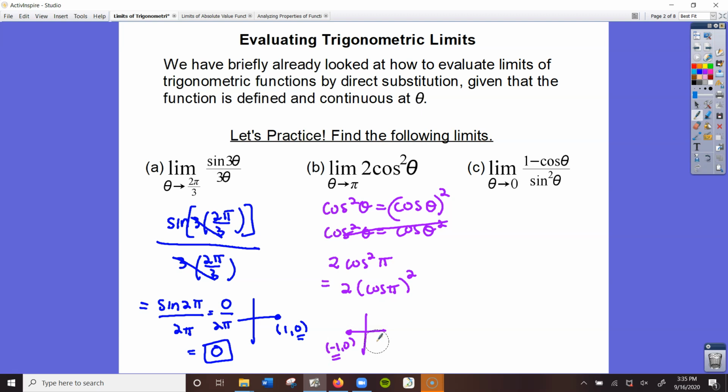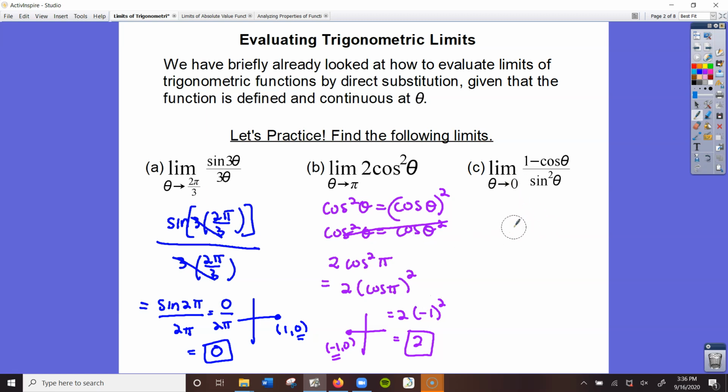The cosine is -1. So cosine of pi is -1, and then we square it. -1 squared is +1, and then times 2 would be 2. So therefore my limit as theta approaches pi of 2 cosine squared theta is equal to 2.